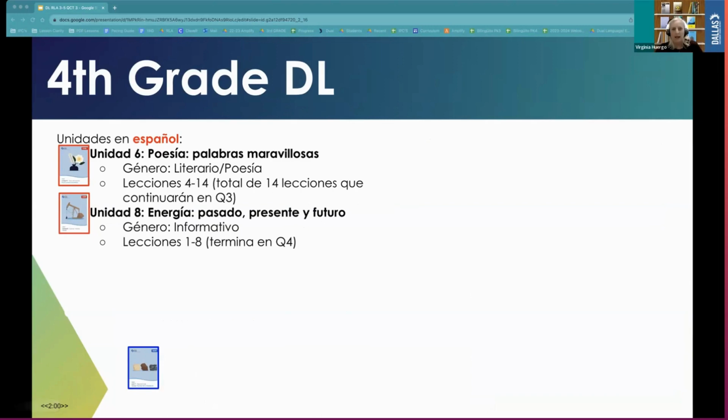Good afternoon. Yes, for 4th grade, you are going to continue with Unit 6, Poesía, Palabras Maravillosas. Now take note that these are copyrighted materials, so I was unable to link them, but you will find those printed for your students in the Antología.